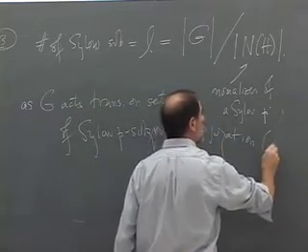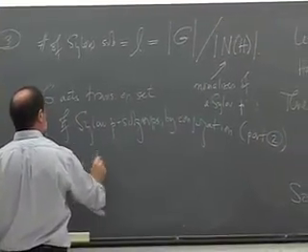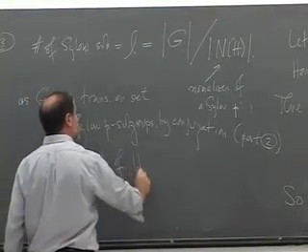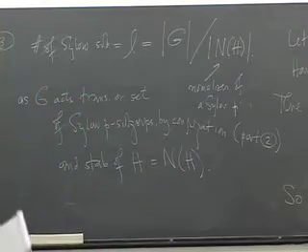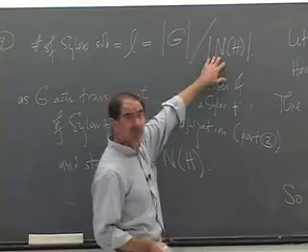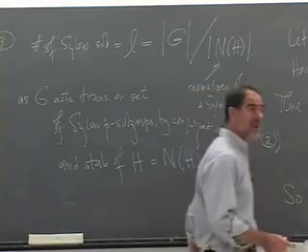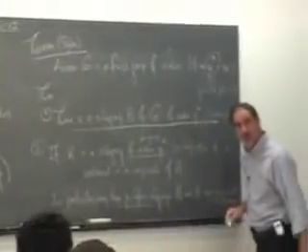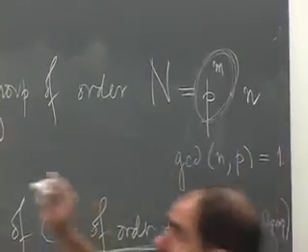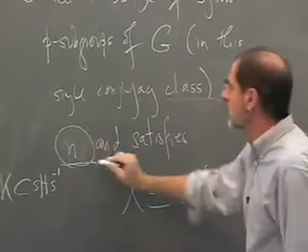That's part 2. And the stabilizer of H is what we call the normalizer of H under the conjugacy action. So the number of Sylows is the order of G divided by the stabilizer of a point in that action. That's the normalizer. Whatever the normalizer is, it contains H. Right? So the order of the normalizer is at least p to the m, and therefore the number of them divides what's left, n. That's the first part, that the number divides n.